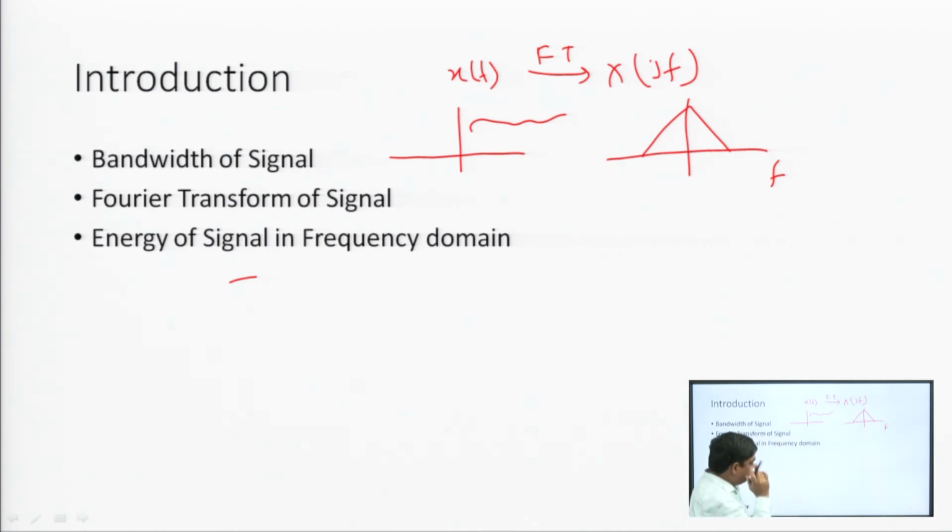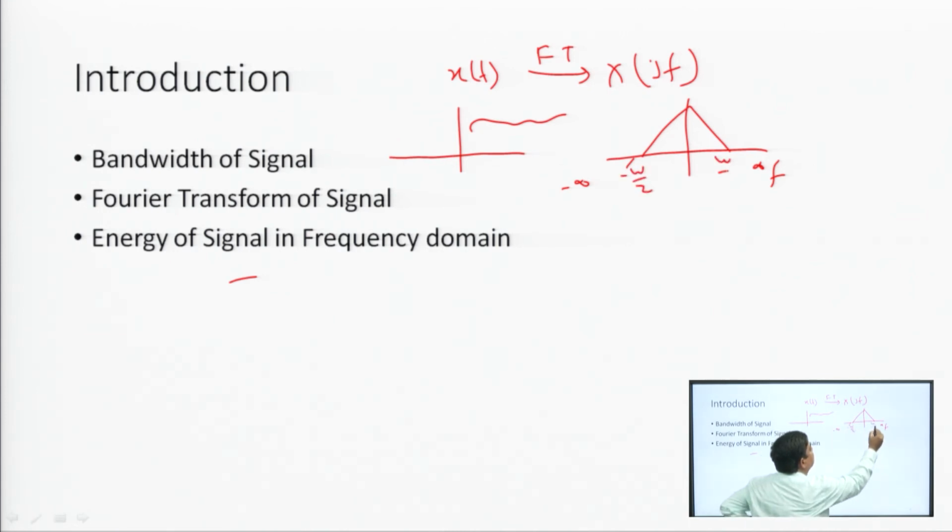Now here we normally take the bandwidth in this way, but actually it contains the frequency range from minus infinity to plus infinity. If the energy of the signal, more than 95%, is contained in a frequency range of minus W by 2 to plus W by 2, suppose in this frequency range 95% or more of the energy of the signal is contained, and the remaining 5% is beyond this range, then this can be taken as the bandwidth of the signal.